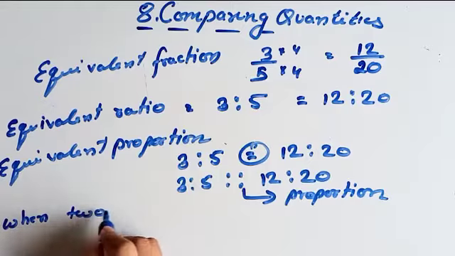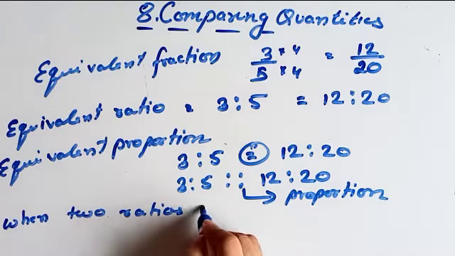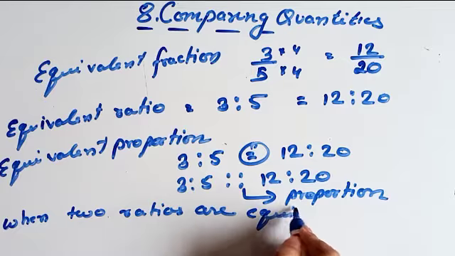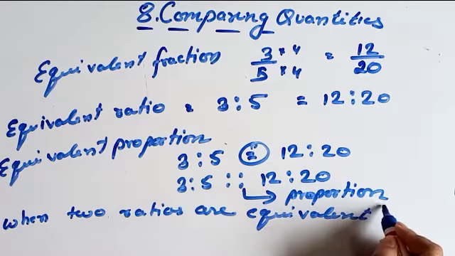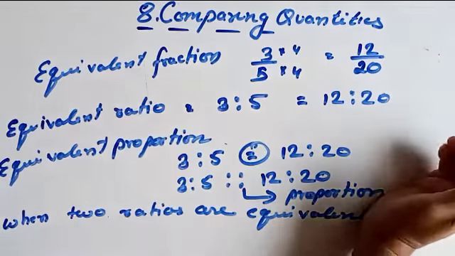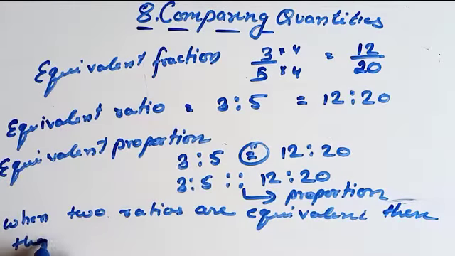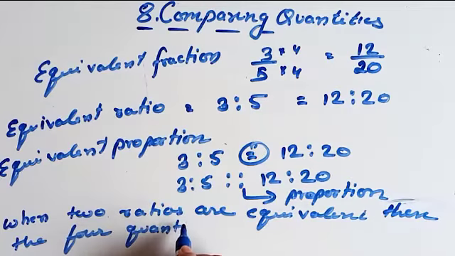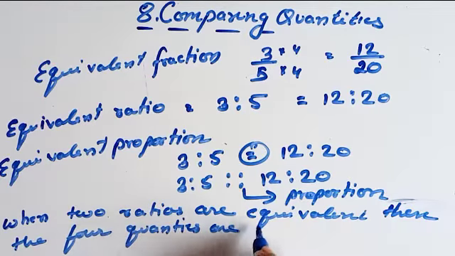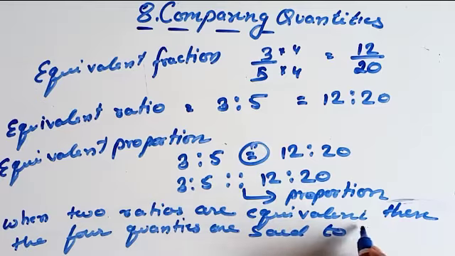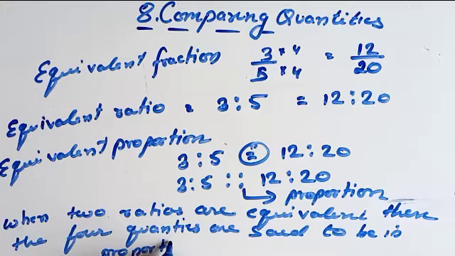When two ratios are equivalent, then the four quantities are said to be in proportion.